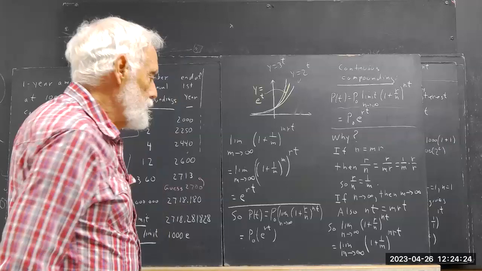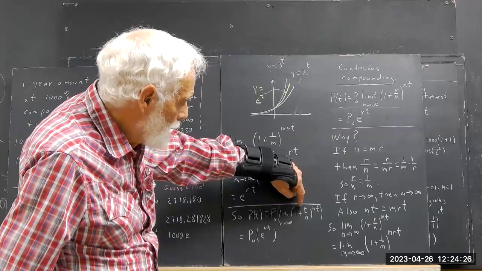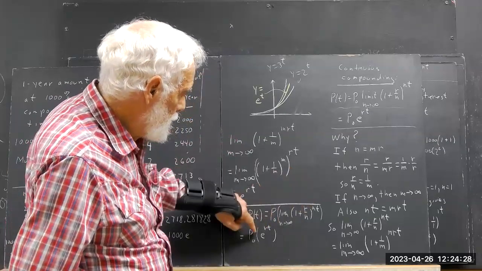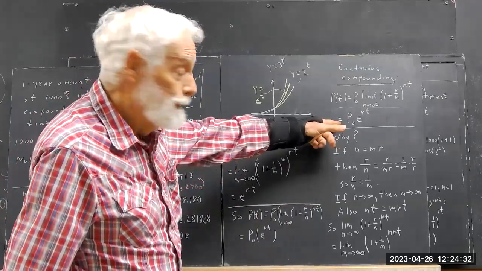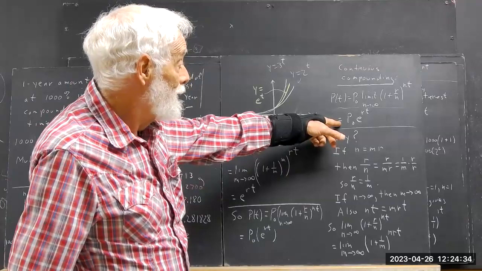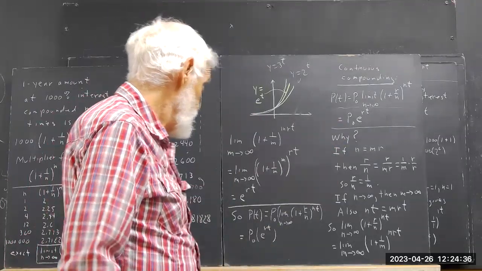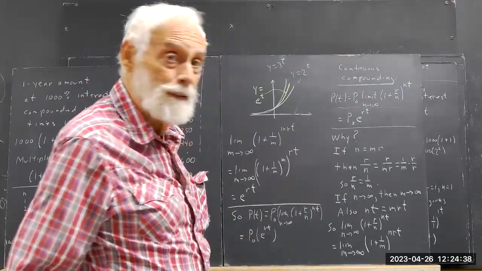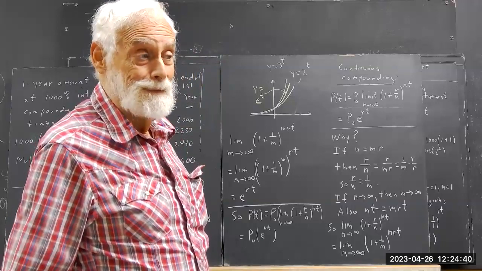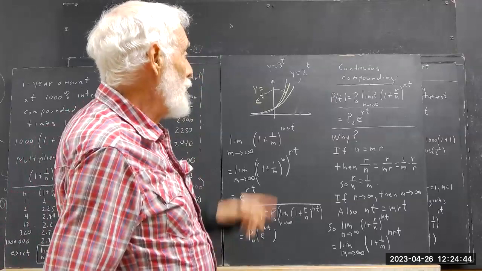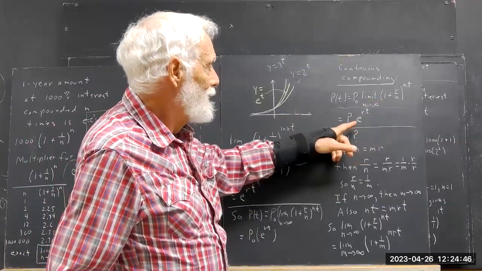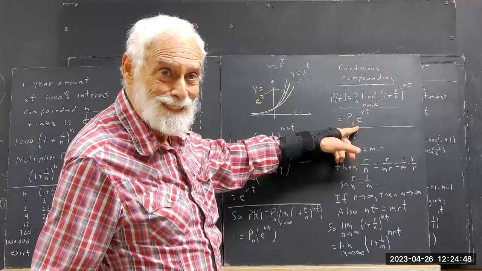We've shown that the limit as n goes to infinity of 1 plus r over n to the nt is e to the rt. And there you have the reason that continuous compounding magically makes this thing morph into this.